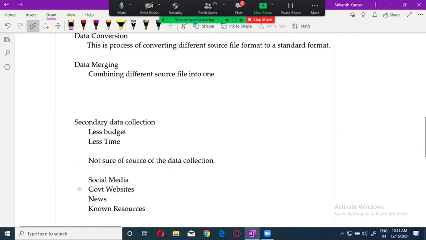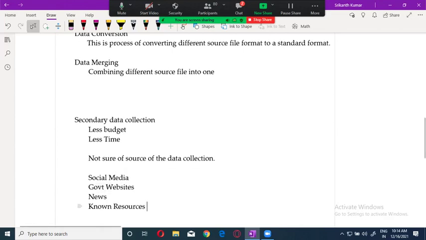Usually the government websites will be genuine. For example, if you want the data of the Chinese virus, COVID-19, where will you go? If you find a file on a website or social media, will you believe it? No. The best way is to go to the government source and get the file from there. That is very genuine data. You can trust it, no problem with it.